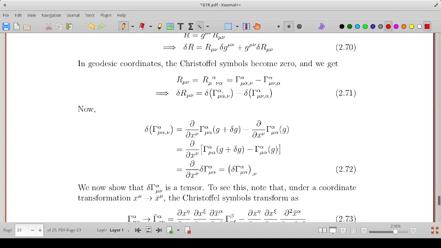So delta gamma alpha mu alpha comma nu is the variation in gamma alpha mu alpha comma nu as g changes to g plus delta g. So this object is d by dx nu of gamma alpha mu alpha, and therefore this is d by dx nu of gamma alpha mu alpha evaluated at g plus delta g minus d by dx nu gamma alpha mu alpha evaluated at g.